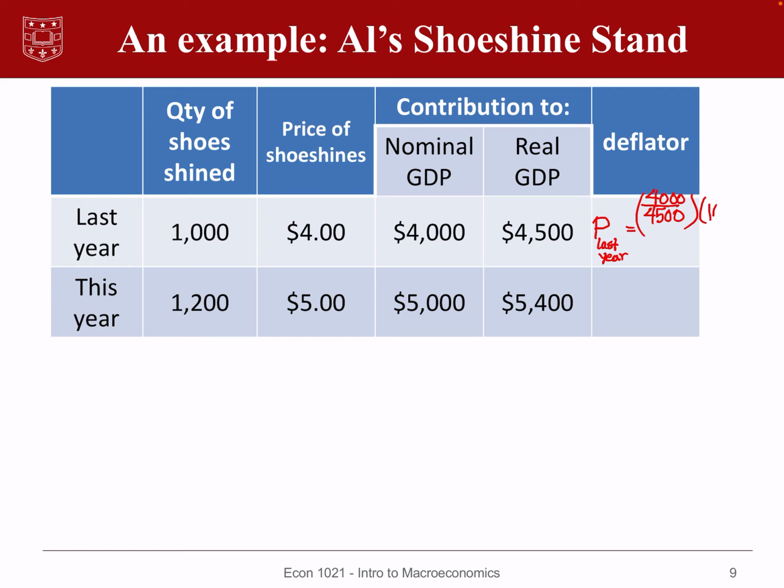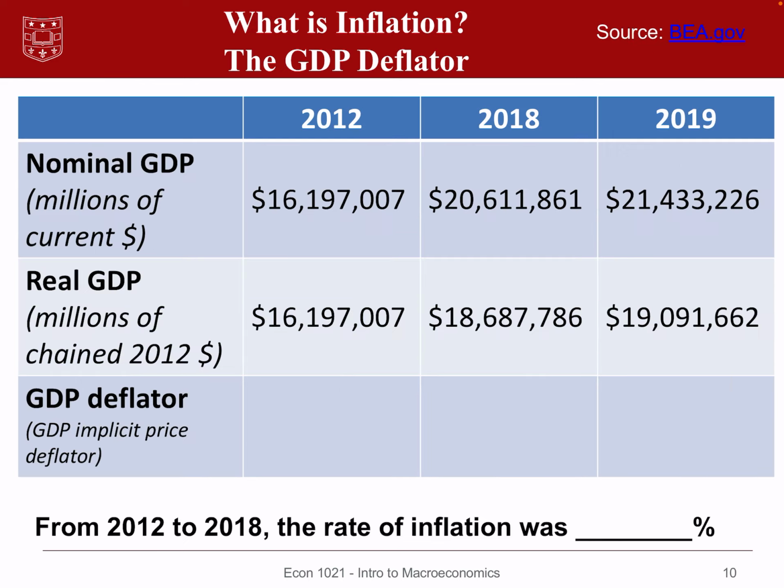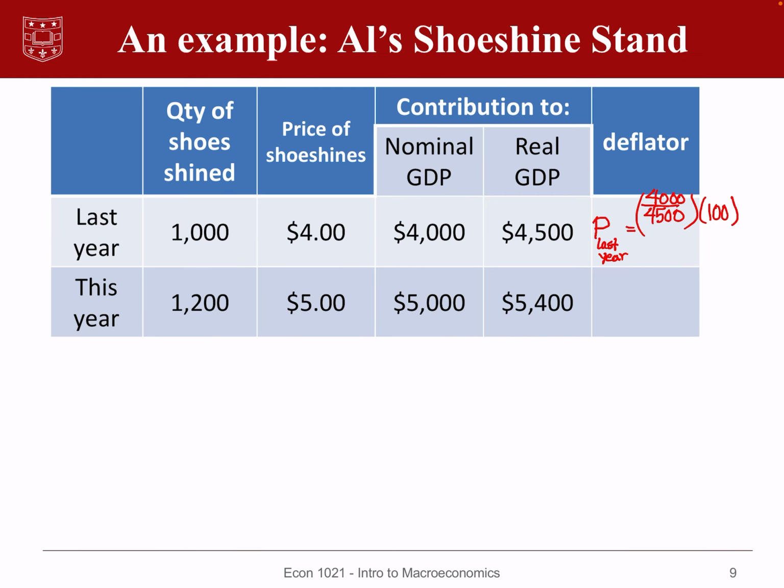And we're going to multiply that by 100 to get more significant digits. And so what we would calculate here is the following number, 88.89. So 4,000 divided by 4,500, multiplied by 100 just to get some more significant digits.